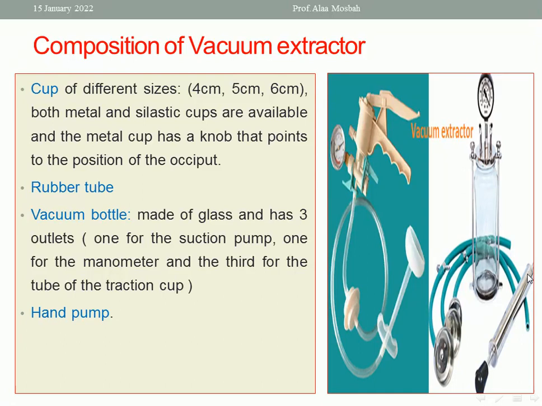Two is connected to the manometer to measure the negative pressure, which shouldn't exceed 0.8 kilogram per square centimeter. This is the manometer. The third outlet is connected to the tube of the traction cup, this one.